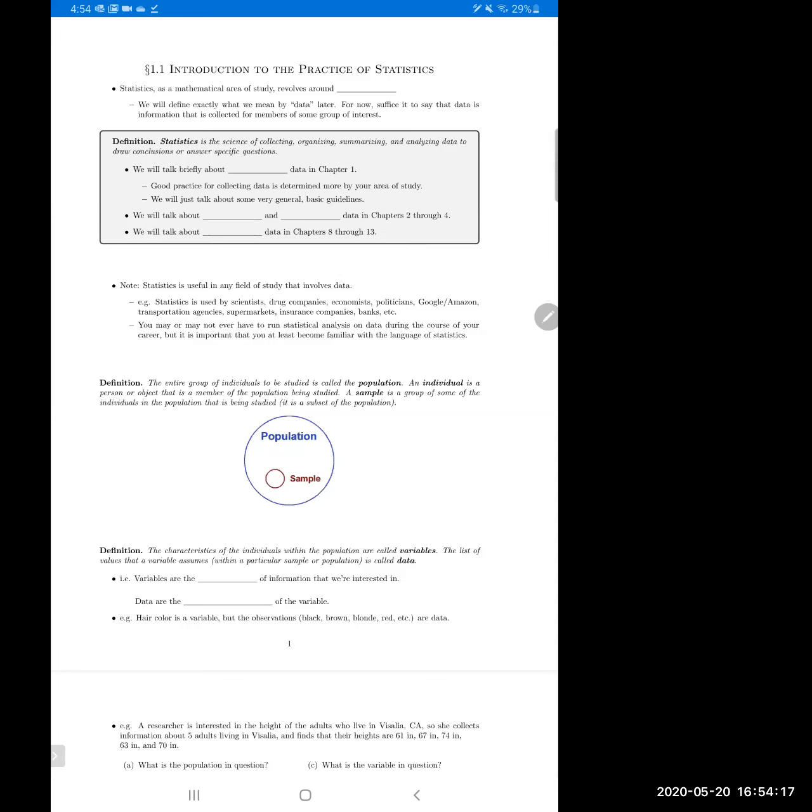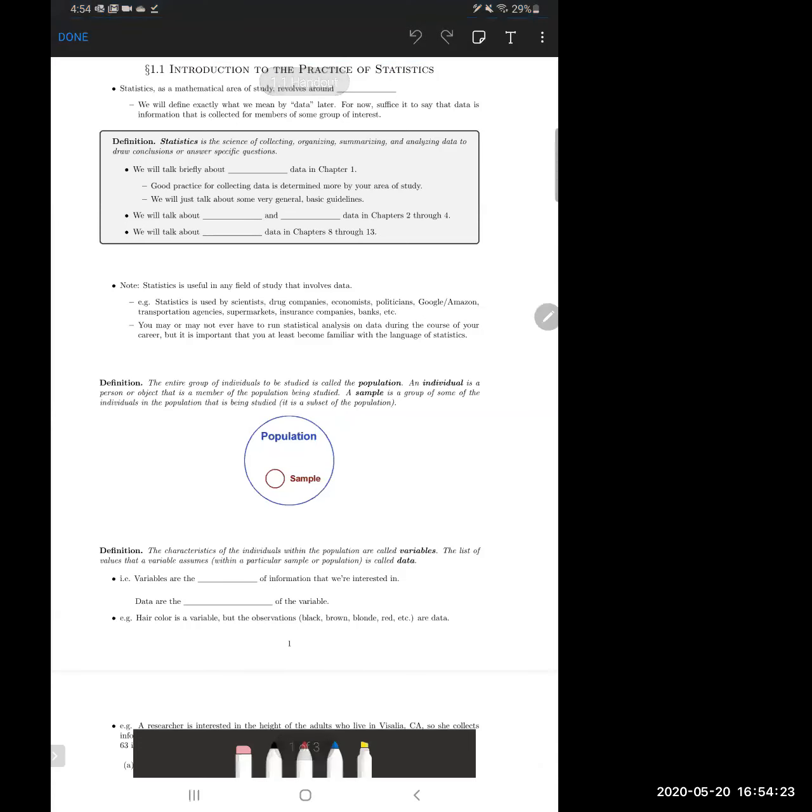So let's talk about statistics, okay, and kind of introduce the concept a little bit. So statistics as a mathematical area of study revolves around data. And we'll talk exactly about what we mean by data later on.